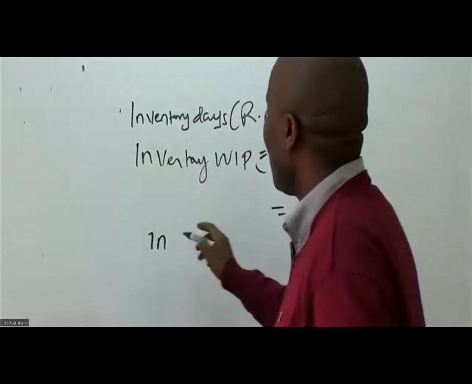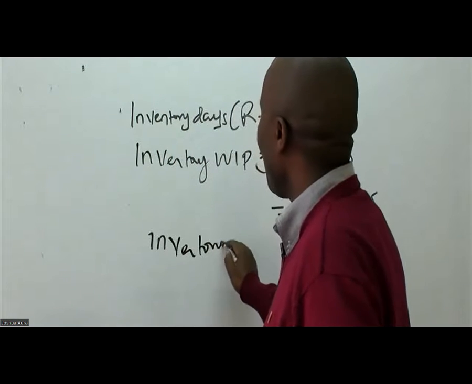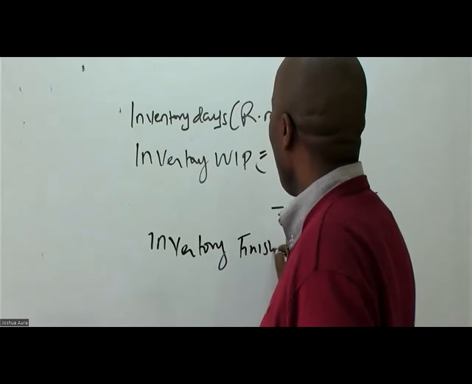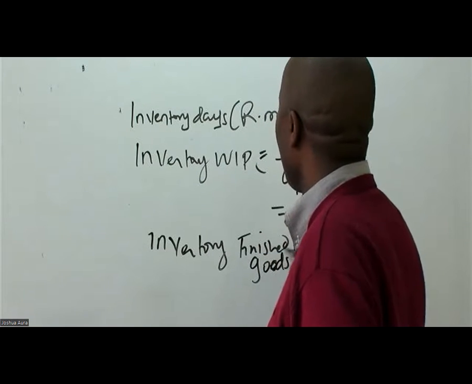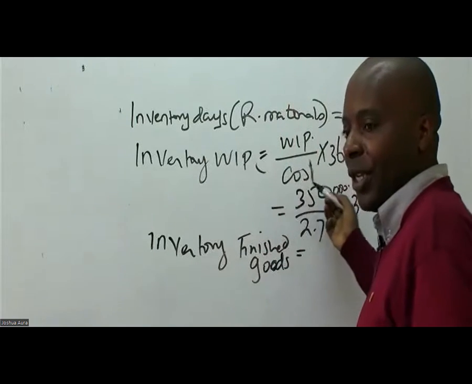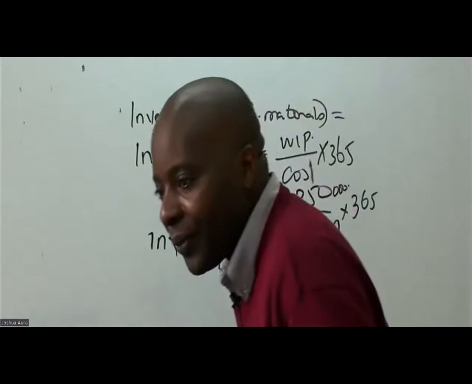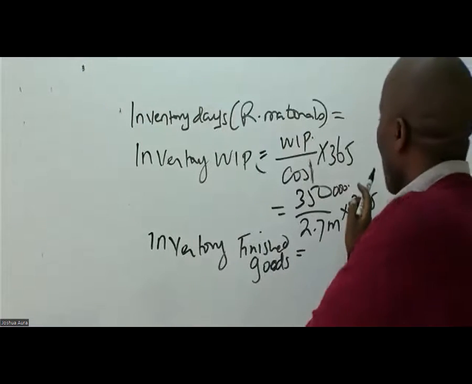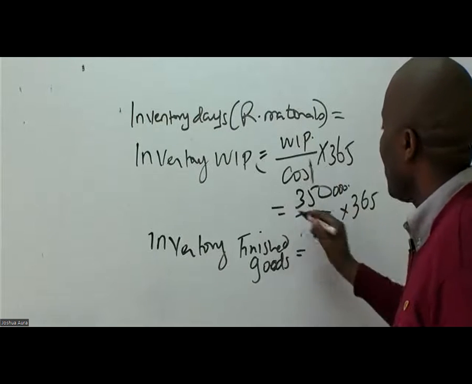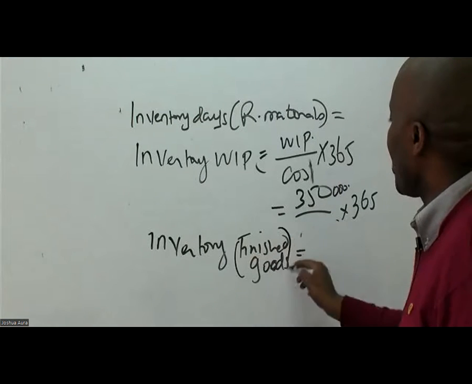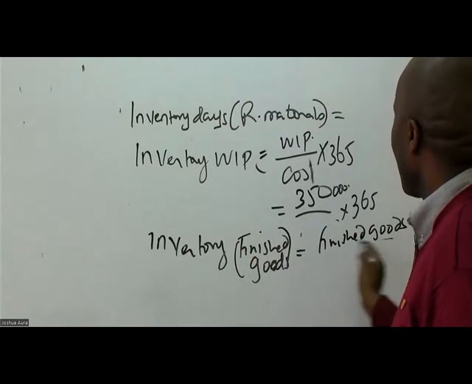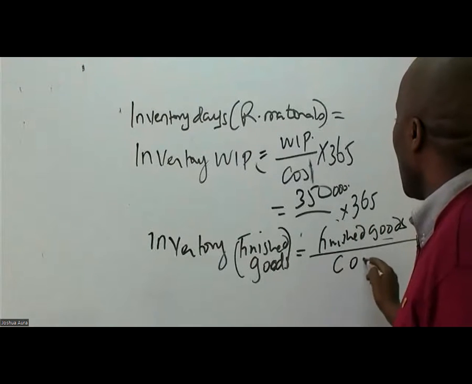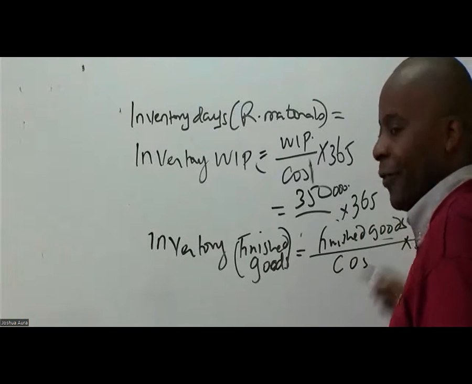So come and give us inventory, finished goods. You are told that for finished goods, you always use the same approach as with work in progress. So for finished goods, pick the finished goods you are given, divide by your cost of sales, times 365.